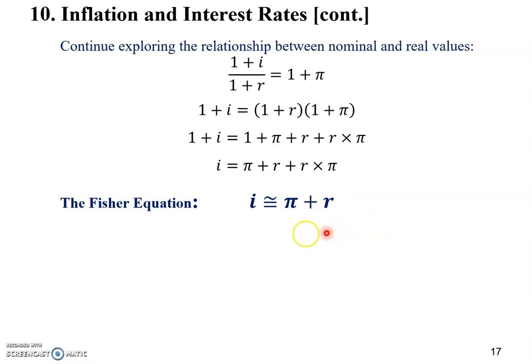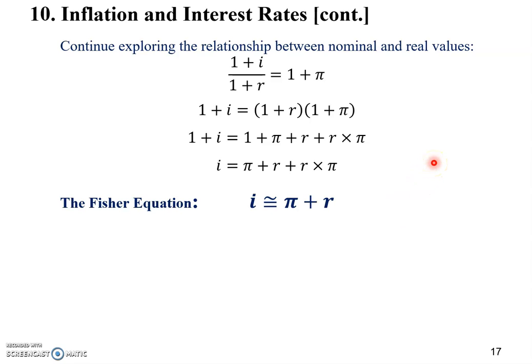And eventually, we're going to get this: i, the nominal interest rate, approximately equals pi plus r. This is the so-called Fisher equation.